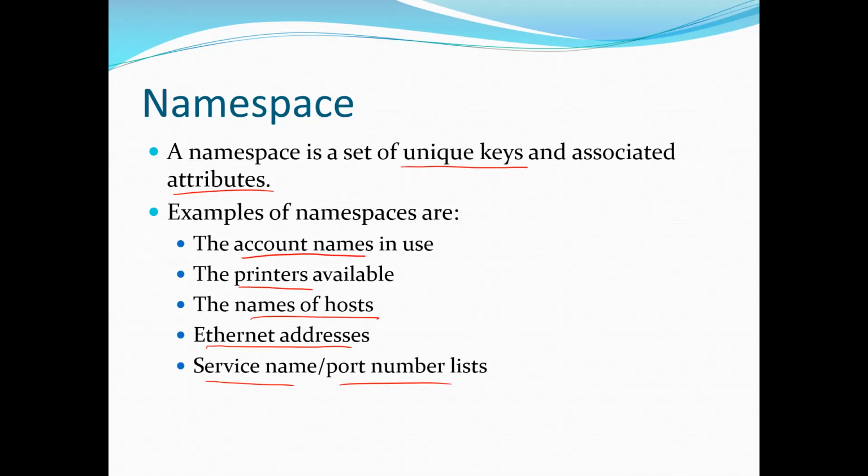So namespaces is just a single term that relates to all of that. It's basically the set of unique keys and associated attributes that you're responsible for managing as a system administrator, okay? As an IT professional.